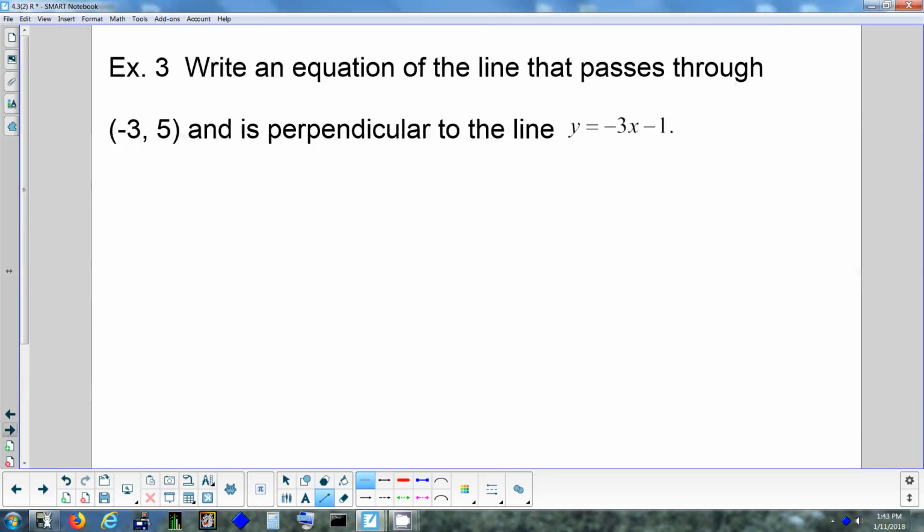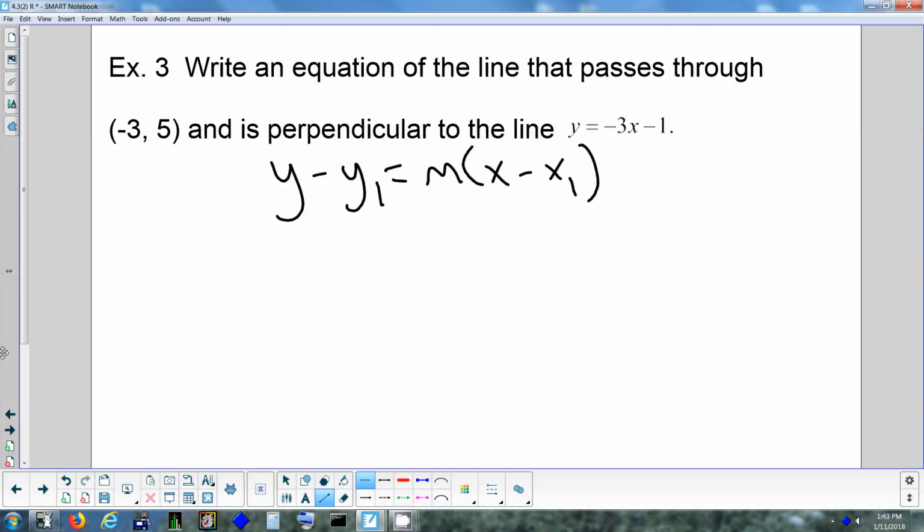Another one. Write an equation of the line that passes through. All right, so y minus y1 equals m times x minus x1. Someone tell me by raising their hand, what would the slope be for the line perpendicular to this?